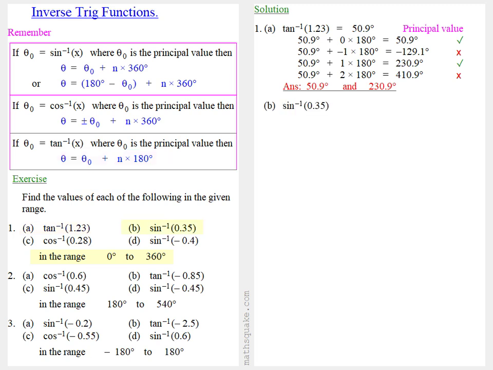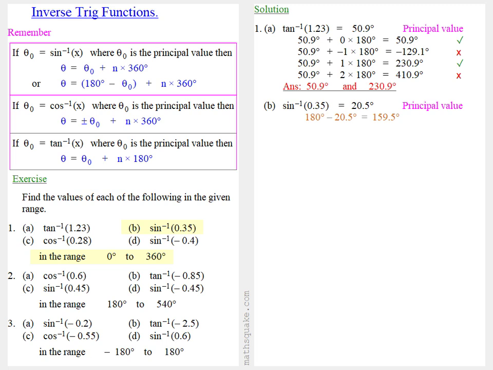In question 1b, we're asked to find the inverse sine of 0.35, where the angle has to lie between 0 and 360 degrees. Well, we start by looking up 0.35 on the calculator, and that gives us 20.5 degrees when rounded to one decimal place, and that's our principal value.